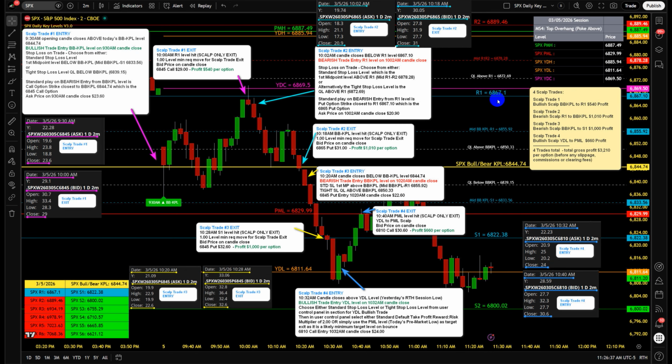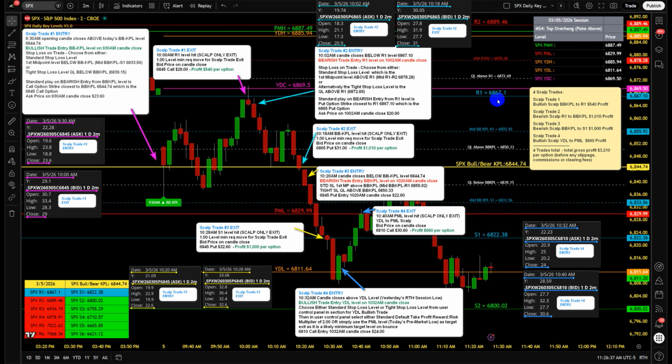So that indicator will have all the different features that you find in the SPX Daily Key Levels V3.0 indicator. If you want to take a look at that video of what features were added, just to give you an idea. And we expect the Stocks ETFs V3.0 to be released sometime within the next 10 days to 2 weeks.